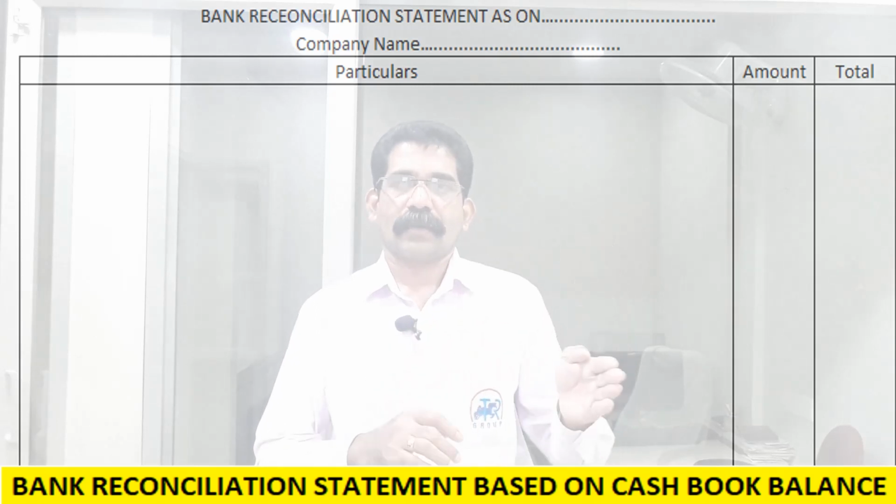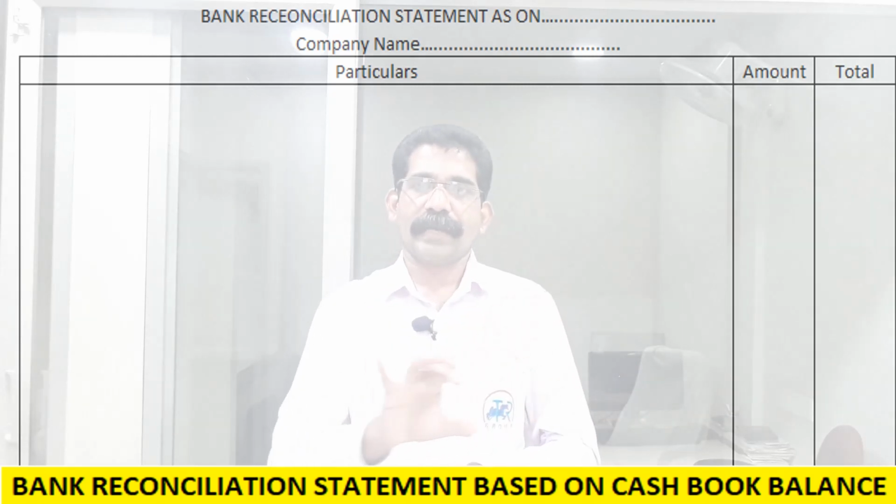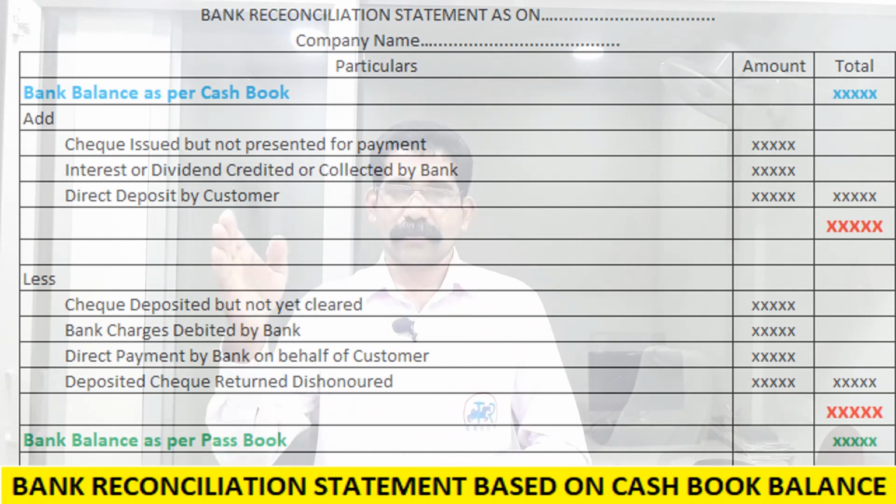Then show the deducting figures, and we can narrate the reasons too. Show the figures in the inner column and take the total to the outer column. Less that from the total amount we have received. The difference will be the final amount as per the cash book balance or as per the passbook balance. So in the next class, we can do a problem.